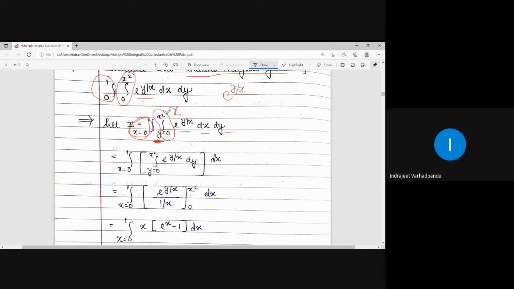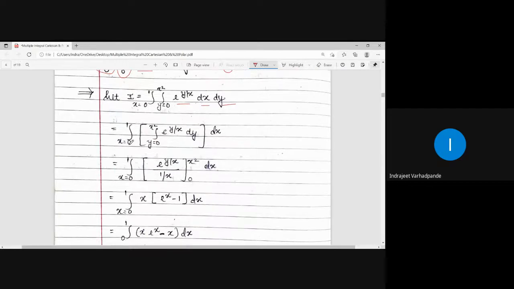So by observation I see the limits in variable x, so the opposite variable is y. Integrate first with respect to y, get the answer by putting the limit in the form of x, and then integrate with respect to x, putting down the limits as constant. So this is how the flow of integration will be.